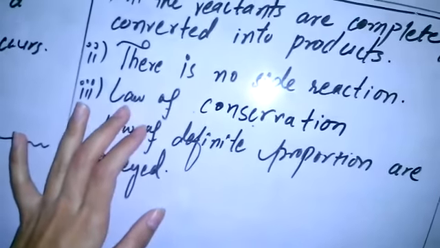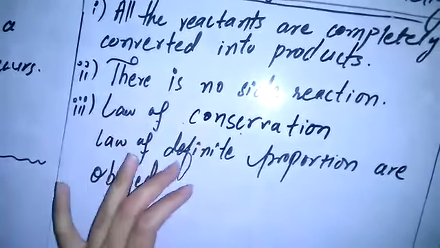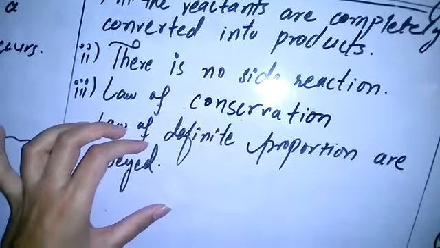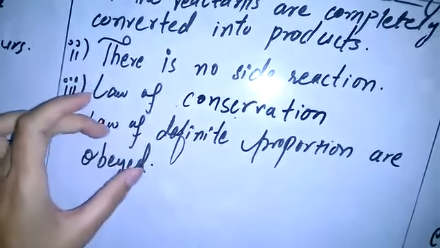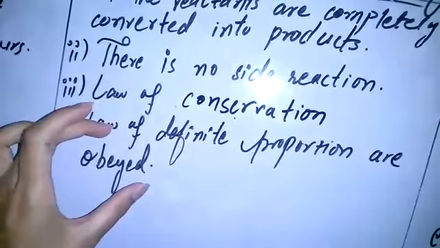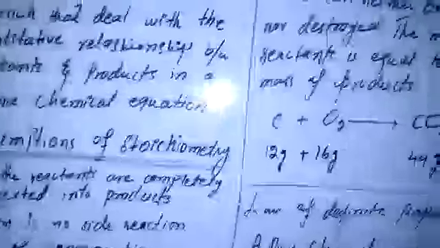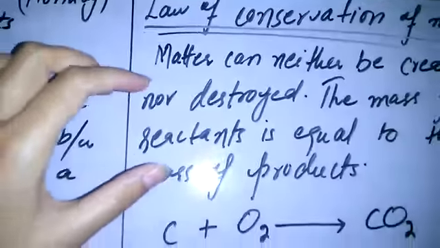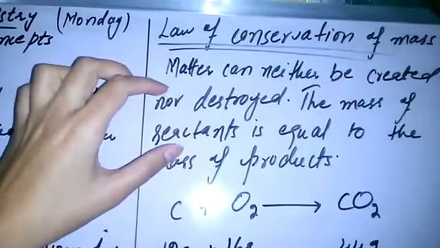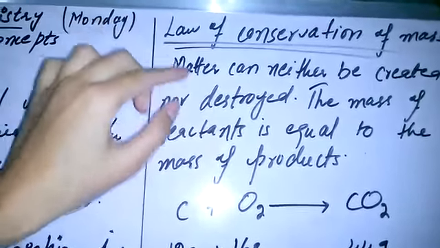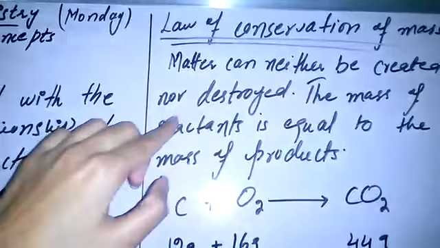Okay. Now, the third case is that the law of conservation of mass and the law of definite proportion are obeyed. Now, what is the law of conservation of mass and the law of definite proportion? The law of conservation of mass states that matter can neither be created nor destroyed.